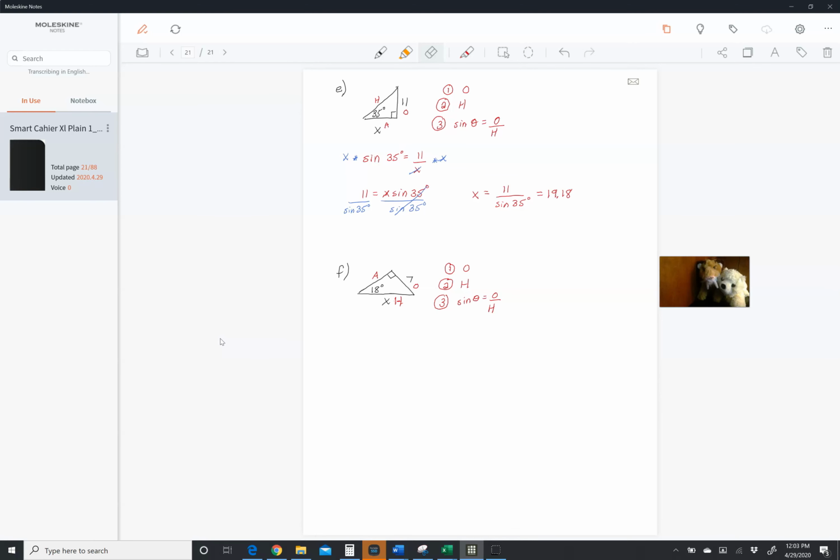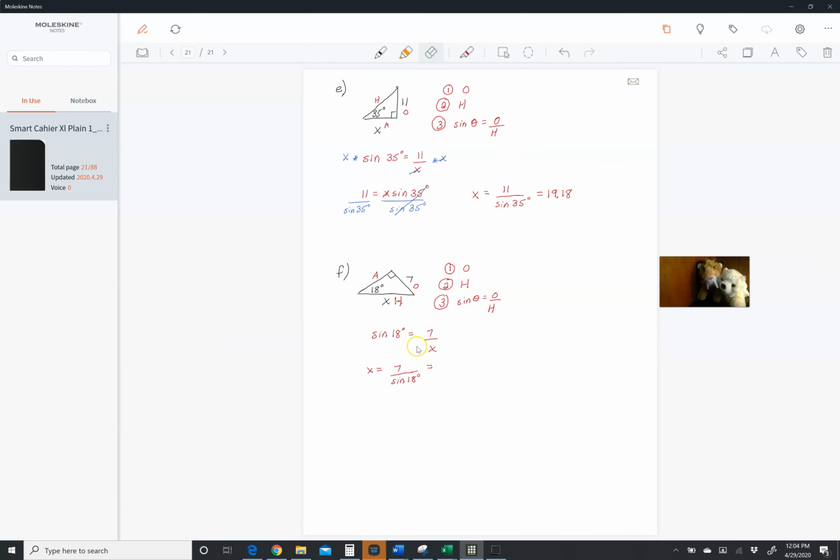So what do we get here? The sine of 18 degrees is equal to 7 over x. So here we don't have to do all of the algebra. We can just say, okay, well then that means that x is equal to 7 over the sine of 18. So see, we skipped all of that algebra.